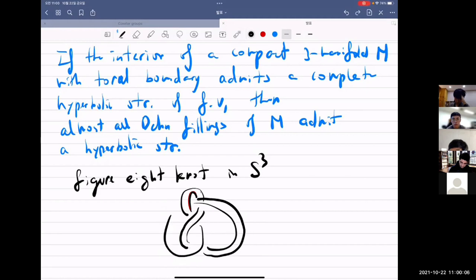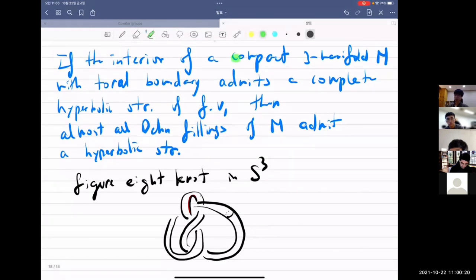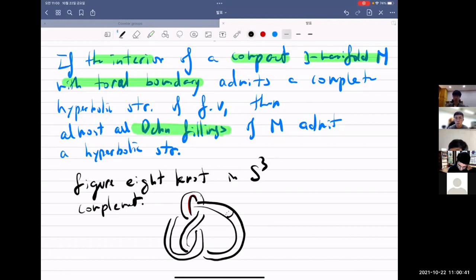Okay, so the tubular neighborhood. So this is, of course, a compact three-manifold with torus boundary. And the interior will be simply the figure-eight knot complement, right? But in any case, what is the Dehn filling? The Dehn filling is, you imagine a solid torus.